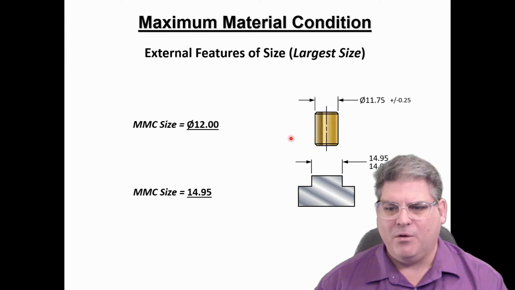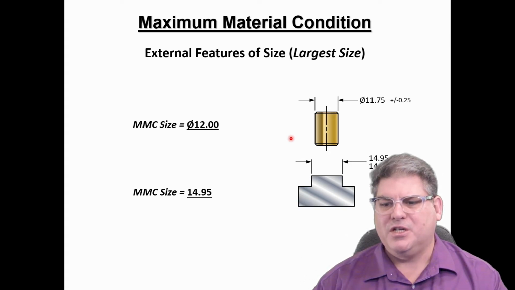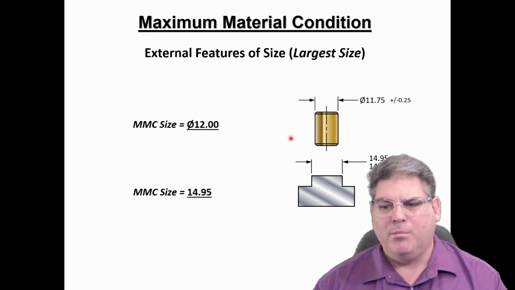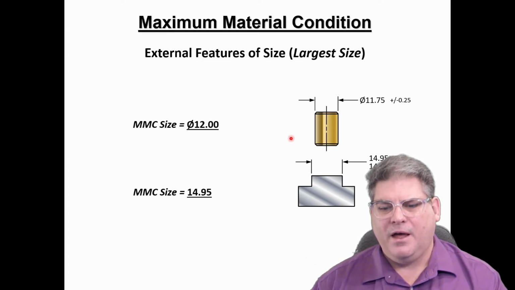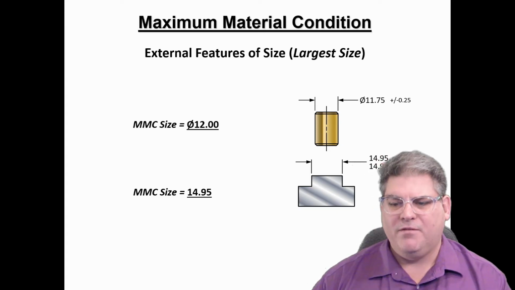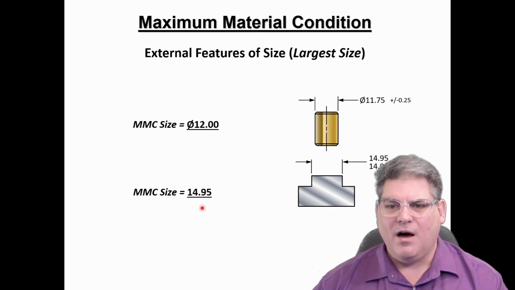So an example of this pin here, our maximum material condition of a nominal 11.75 with plus or minus 0.25 would be 12. And the same down here, we have a dimensional tolerance of 14.95 to 14.9. Our maximum material condition is 14.95.